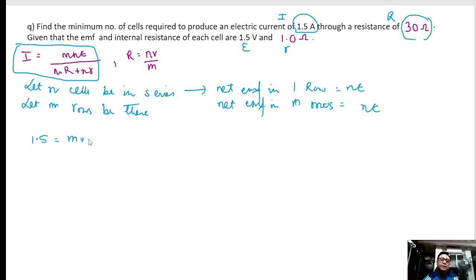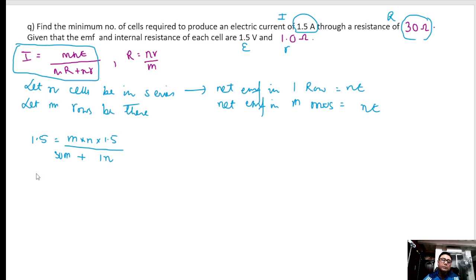N is the number of cells connected in series, I don't know. E is the EMF which I know, 1.5. R is 30. Internal resistance is 1. So 1 R, 1 N.